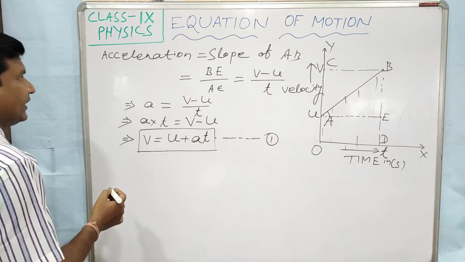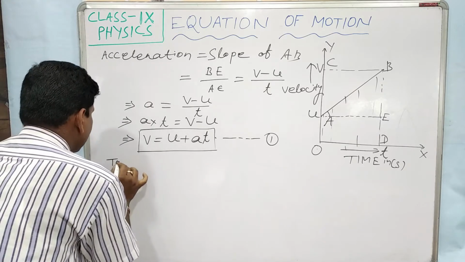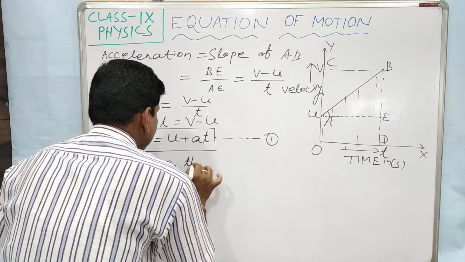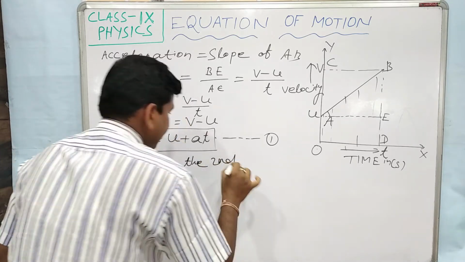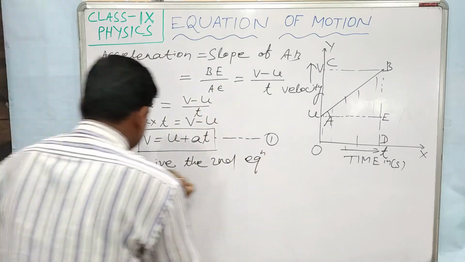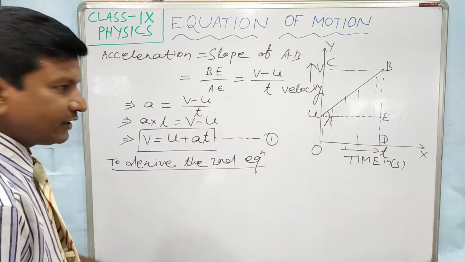Now I am deriving the second equation of motion. Whenever we are going to derive the second equation, what we have to do? We have to find the distance covered.